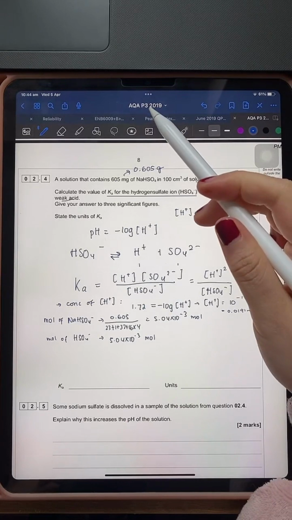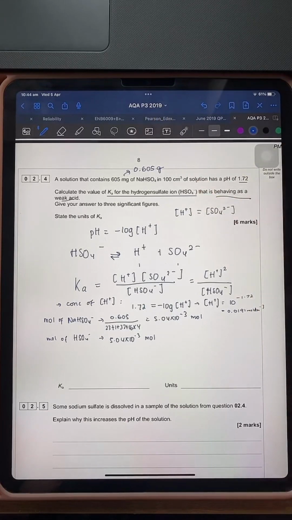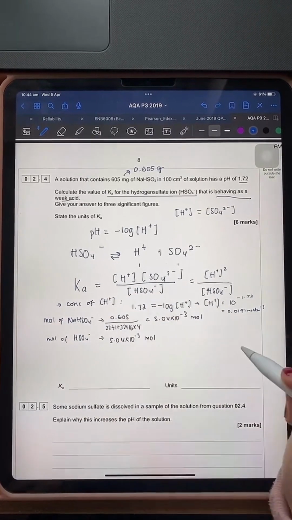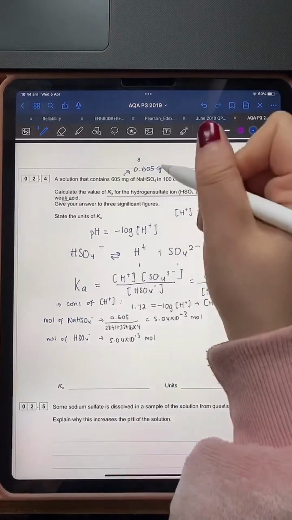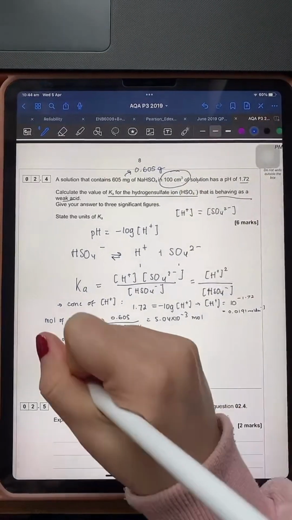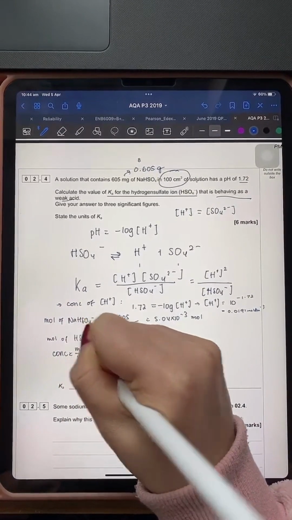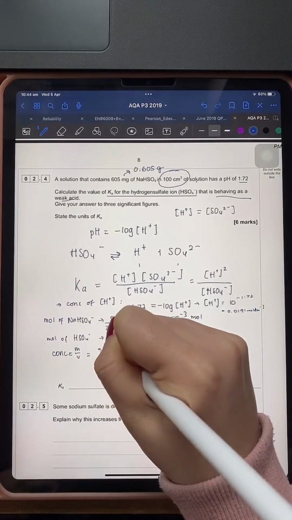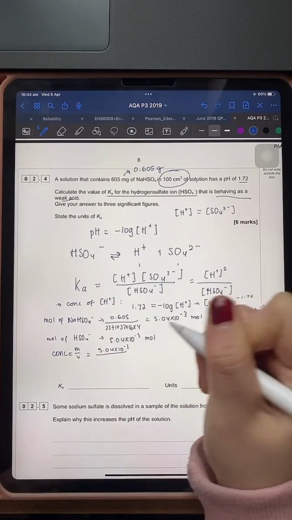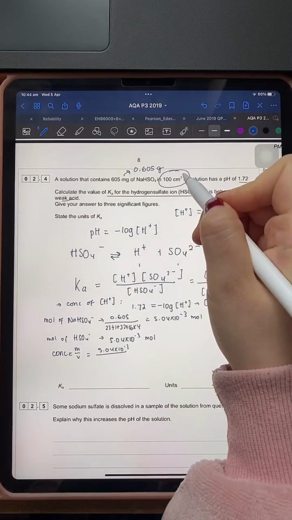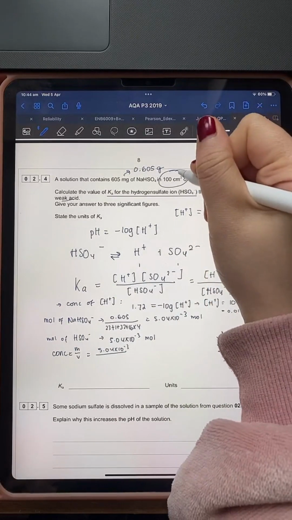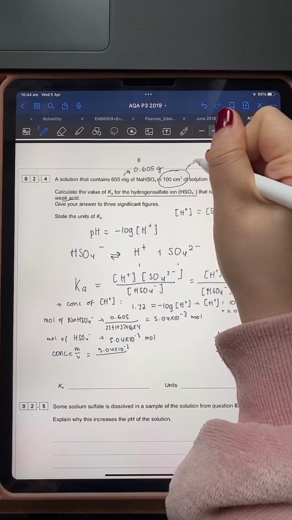Again, this is AQA Chemistry, paper 3, 2019. It's an A-level paper. So we know the moles of the HSO4 minus, we know the volume of the solution. So concentration is moles over volume, 5.04 times 10 to the minus 3 divided by, again, tricky here because they gave you it in centimeters cube.